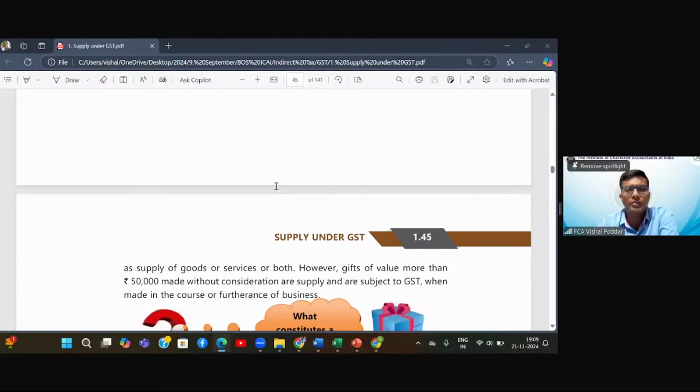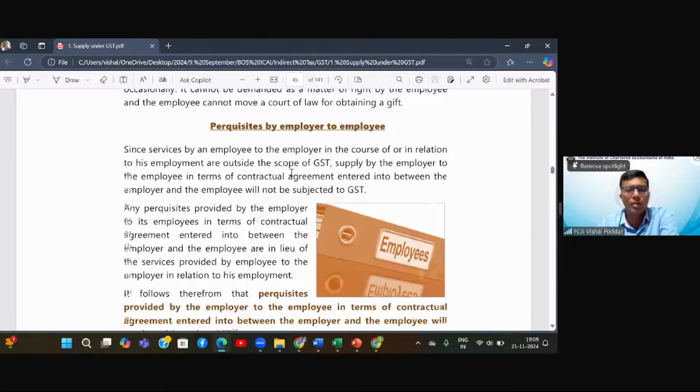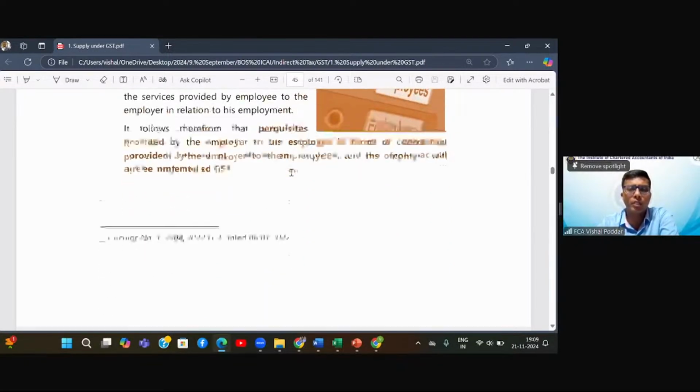Then about gift, we have studied that up to 50,000, अगर employer employee को gift देता है, it is again not covered in Schedule 1, hence it is not a deemed supply.